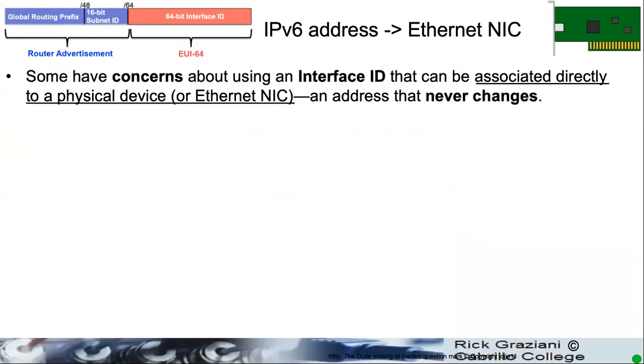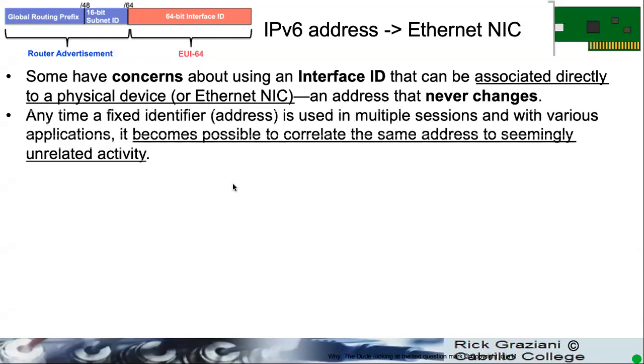Some have concerns, and rightly so, about an interface ID that can be directly associated with a physical device, the Ethernet NIC. That never changes. So, as a matter of fact, it would become very easy to correlate the same address to wherever you are. It doesn't matter what network you belong to.